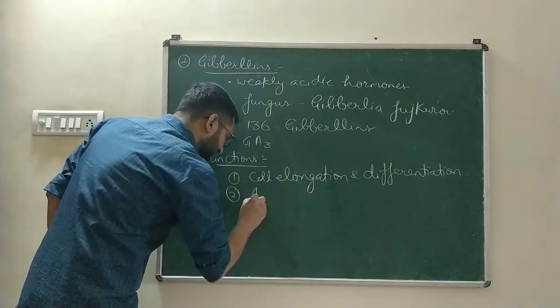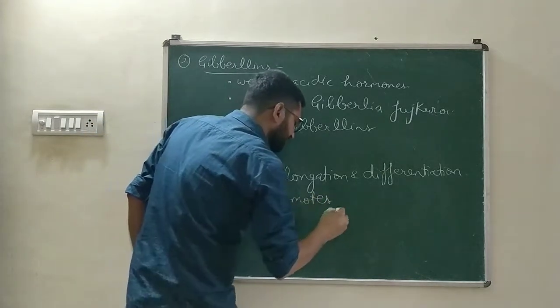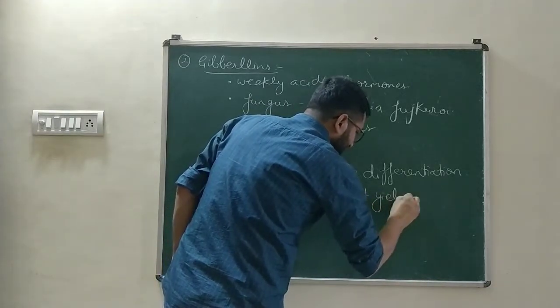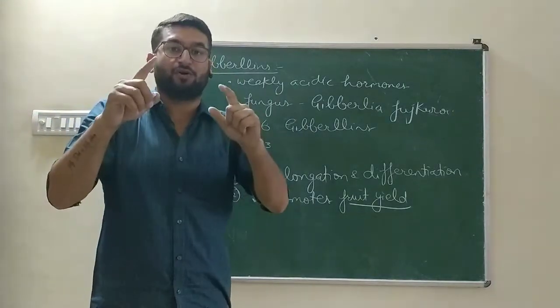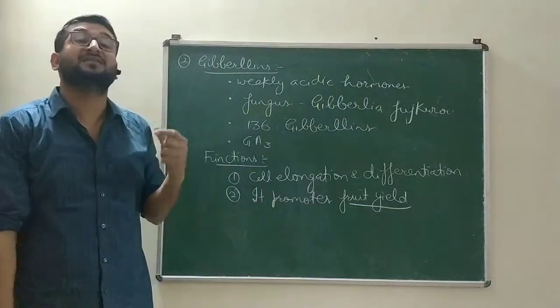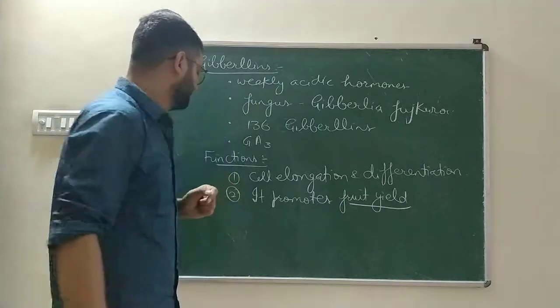Second, it promotes fruit yield. Auxin promotes fruit growth. Auxin helps in the increase in the size of the fruit, but gibberellin helps in the increase in the number of fruits per plant.